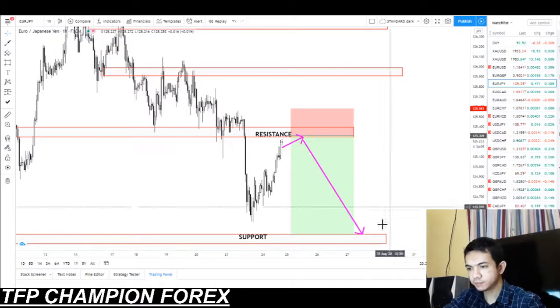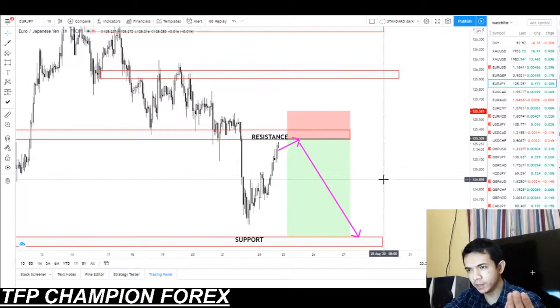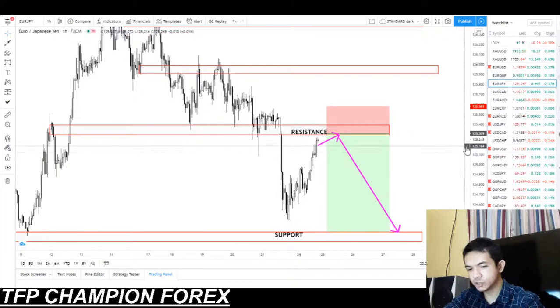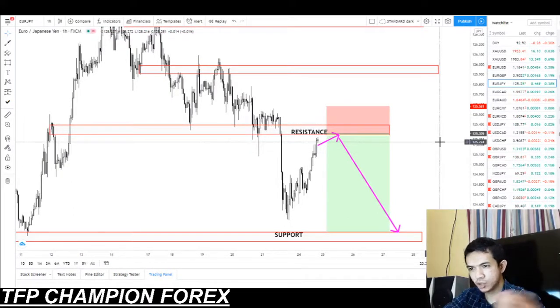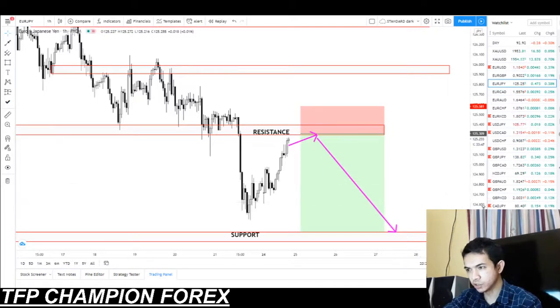All right? So that is my way on how to approach naked chart trading. No indicators, no clutter in the charts, just simple price behavior interpretation and price candlestick interpretation.